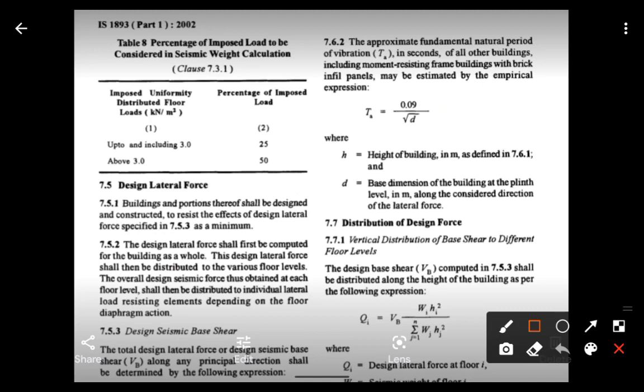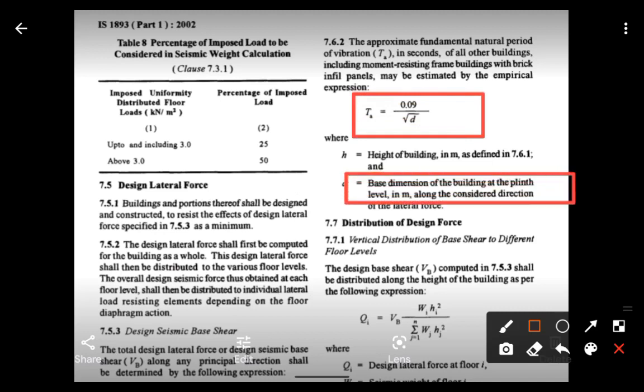Now for the calculation of the approximate fundamental natural period of vibration, that is TA, we are going to use this formula, that is 0.09 h divided by under root D. Here D means the base dimension of the building at plinth level in meter along the considered direction of the lateral force.